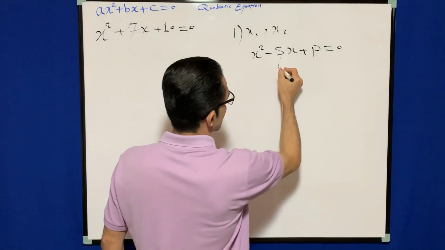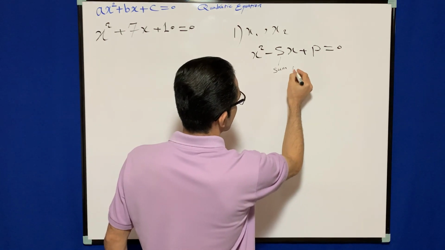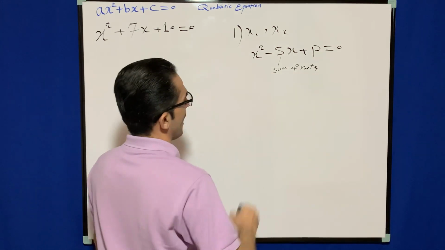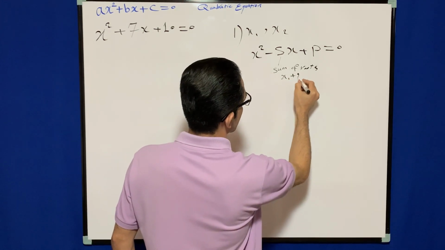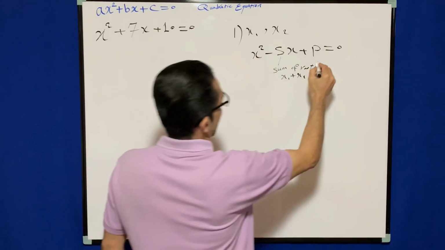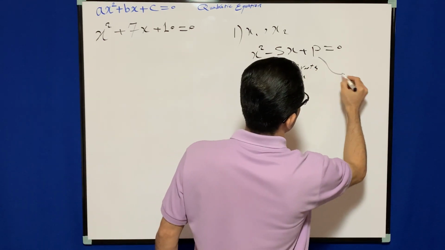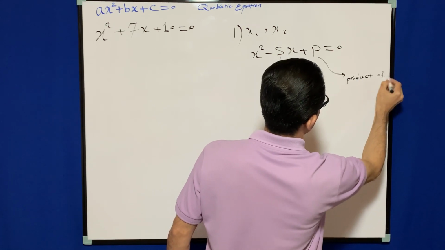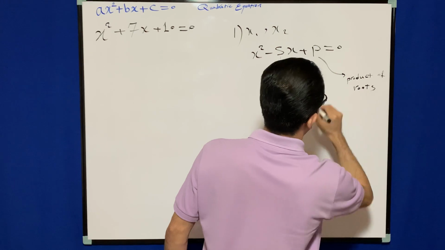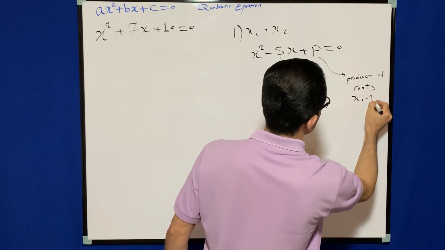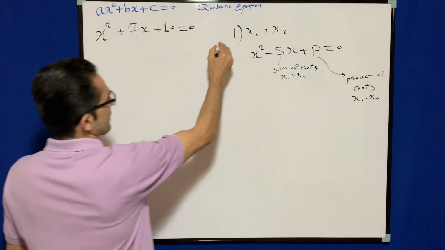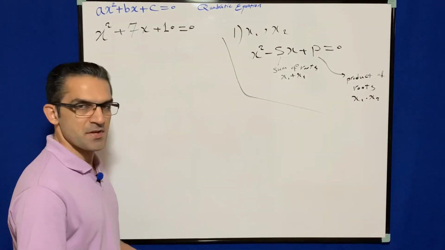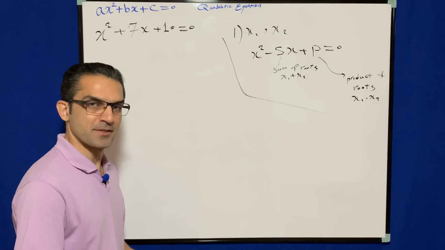So s is the sum of roots, x1 plus x2, and p is the product of roots, x1 times x2. This is a good formula to solve a quadratic equation by factoring. In fact, we came halfway to finding the answer.